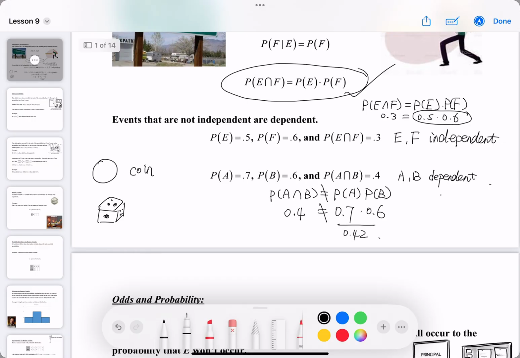Because, for example, if you toss a dice and get a 1, or you toss a dice and get a 2, getting a 1 and getting a 2 are separate. You are not getting both numbers at the same time.